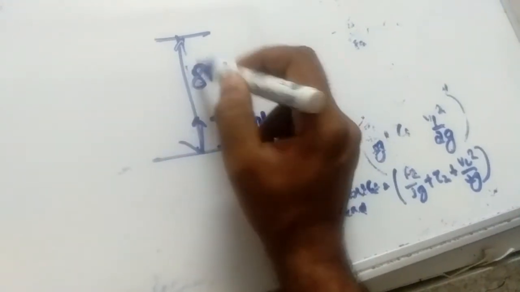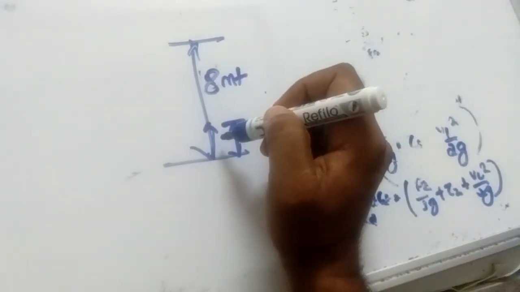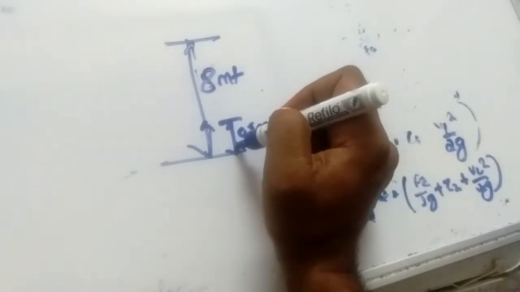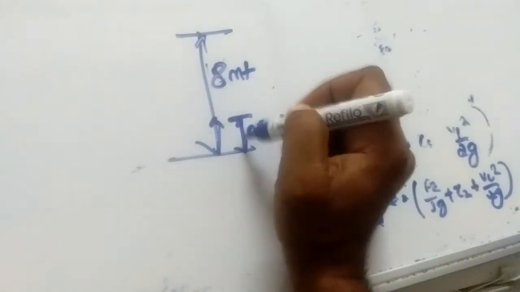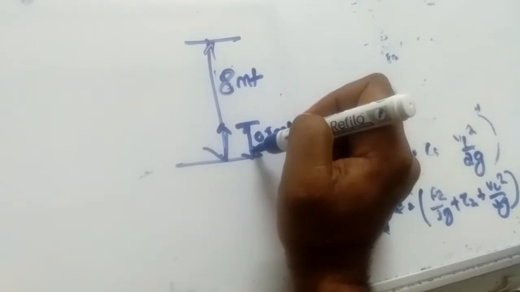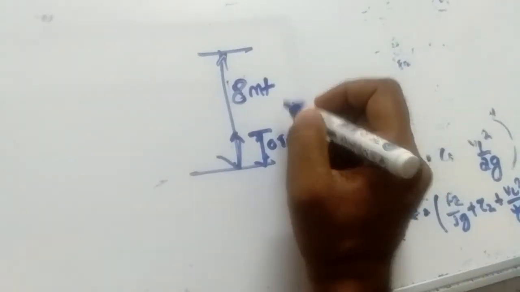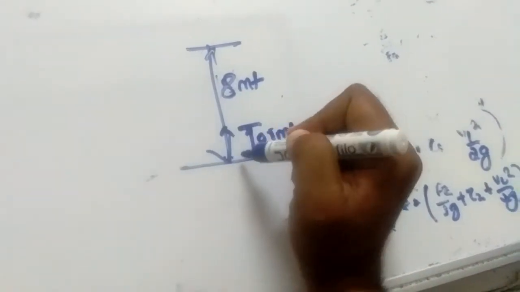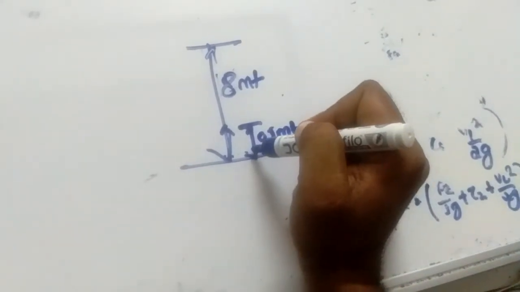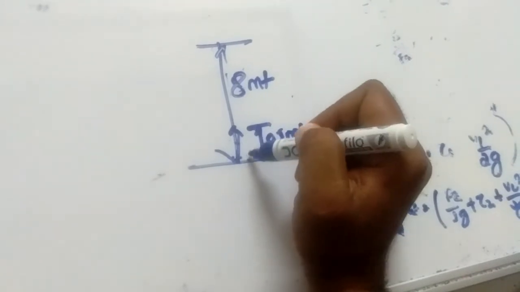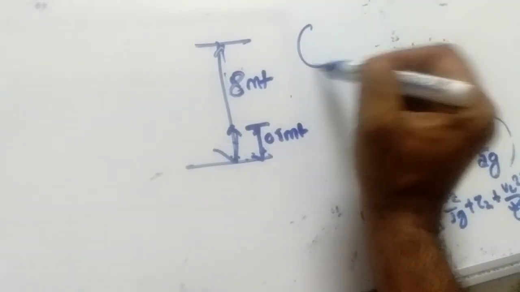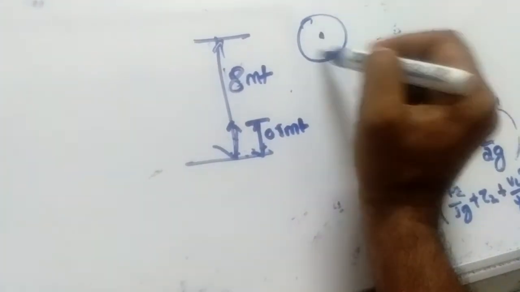From here to here, this is 8 meter that the pump gives. These losses the pump must bear within its boundary, so the 0.5 meter losses take place in the impeller.